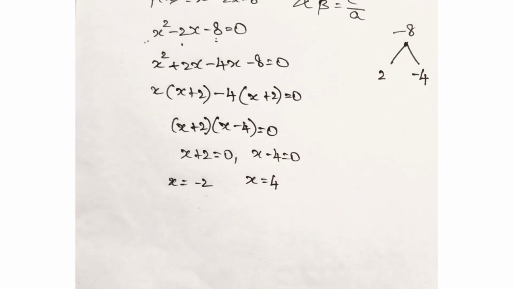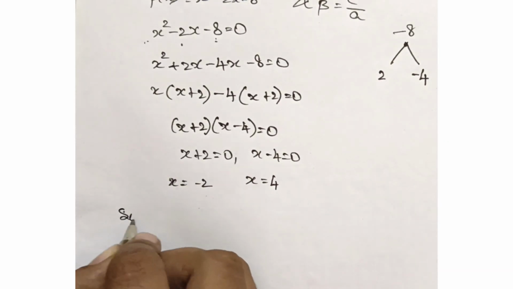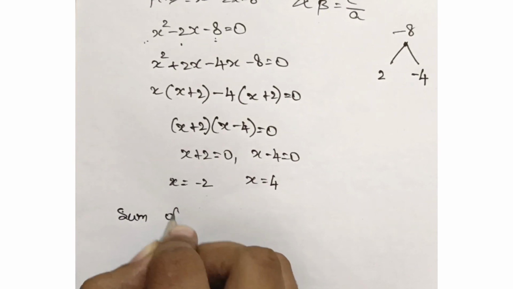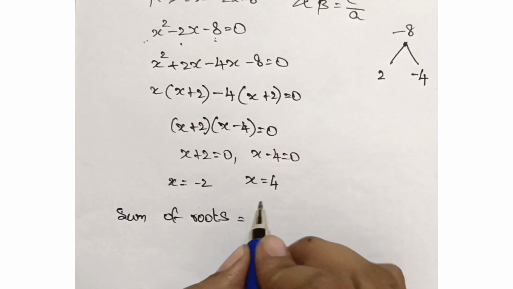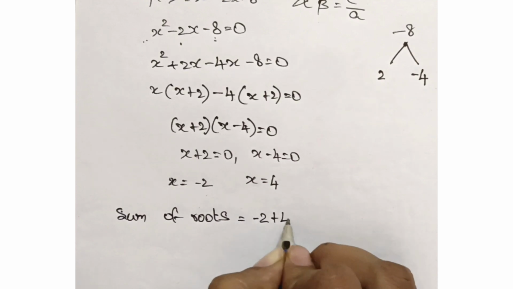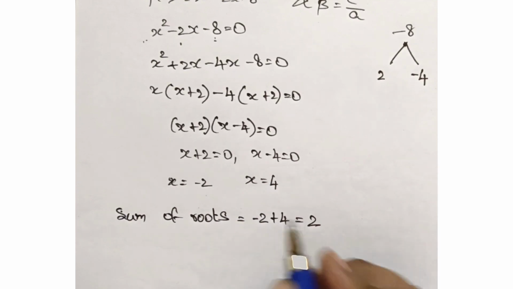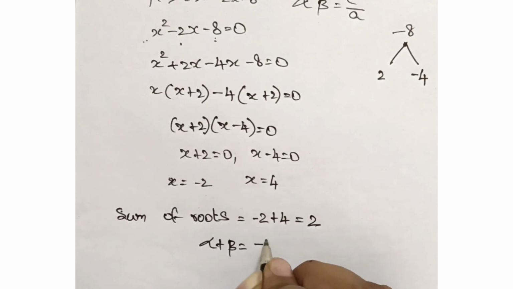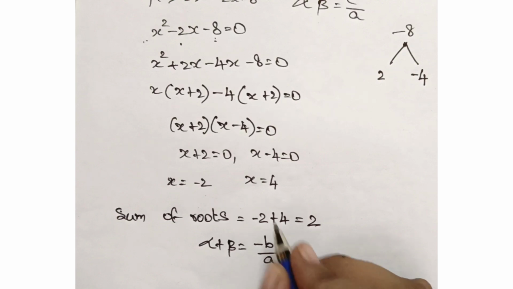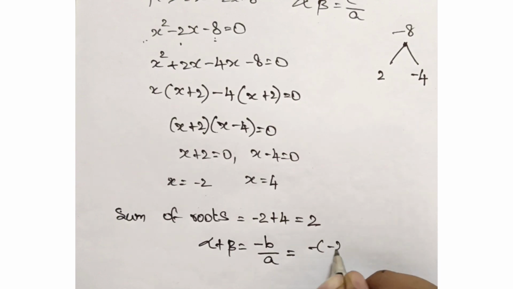Next we are going to verify the relationship between the zeros and the coefficients. So sum of the roots. What's the sum of roots? Minus 2 plus 4 equal to 2. Alpha plus beta is equal to minus b by a. What is minus b? It's minus of minus 2. A is 1.